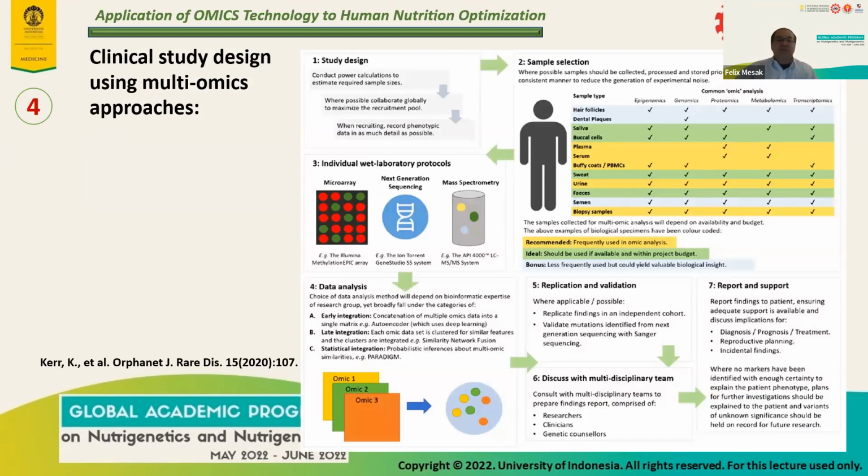So now this figure here illustrates a workflow that could be utilized for the planning and implementation of multi-omic clinical studies. When considering study design, selection of biological material for common omic analysis, data integration, and reporting of findings to patients.